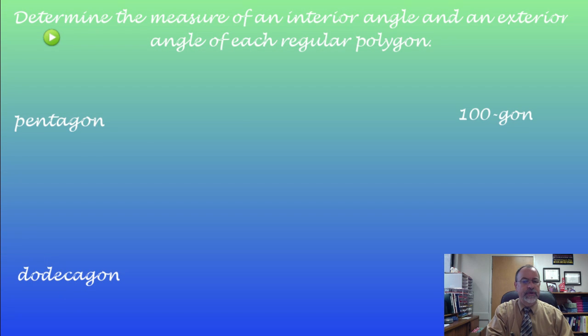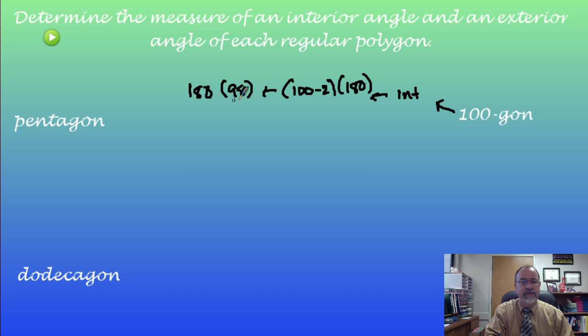Okay, what about a 100-gon? Ooh, a 100-gon. Well, again, I need to know what the total of the interior is first. So, same thing. It's 100 minus 2. That's pretty messy. Let me fix that up. So again, it's 100 sides minus 2, and then we're going to multiply that by 180. So that's going to be 180 times 98.